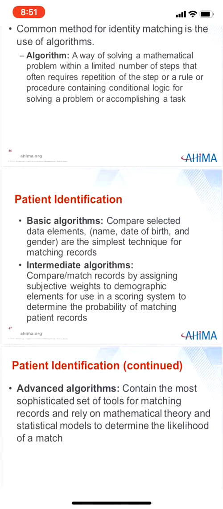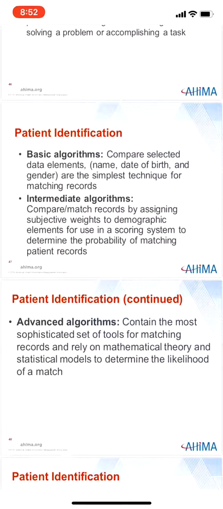Intermediate algorithms use more advanced techniques to compare and match records by assigning subjective weights to demographic elements for use in a scoring system to determine the probability of matching patient records. And advanced algorithms contain the most sophisticated set of tools for matching records and rely on mathematical theory and statistical models to determine the likelihood of a match.